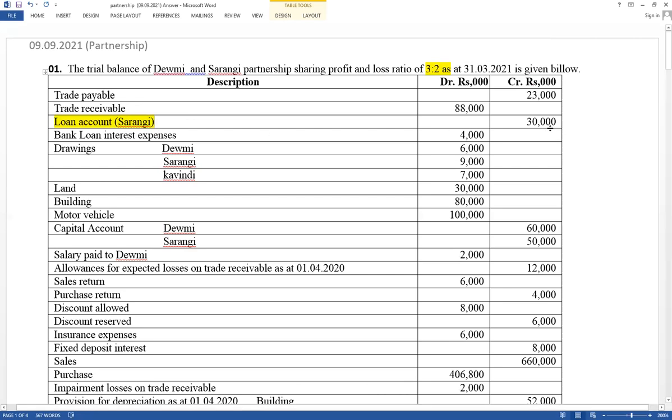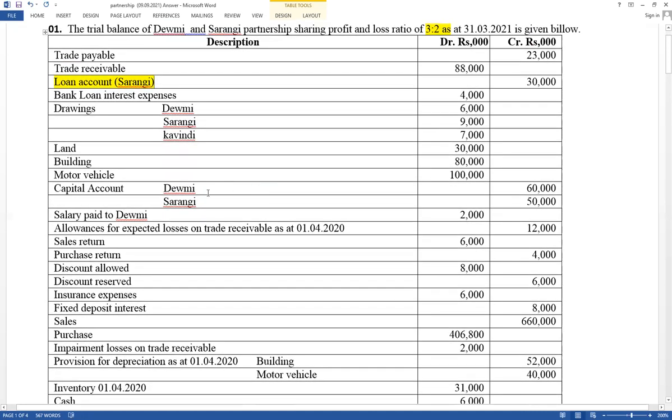That is, the loan is given by the partner. And drawings have been given for each partner, as well as the capital account balance for each partner. And this part is very important: salary paid to Devumi. All the amounts paid to partners should be recorded on the debit side of the current accounts.